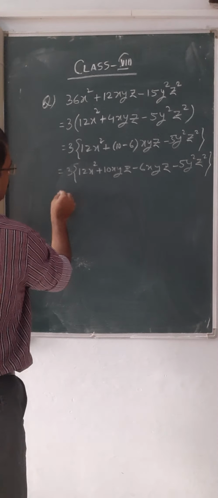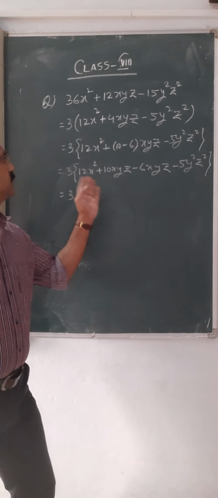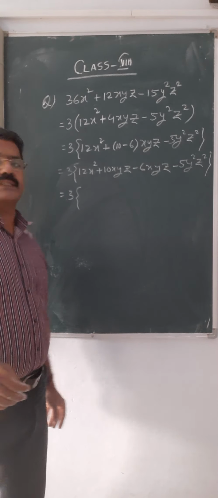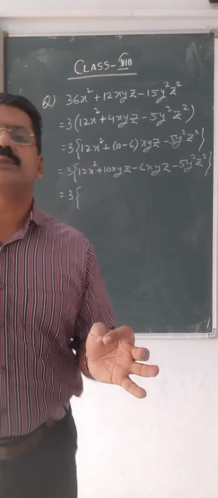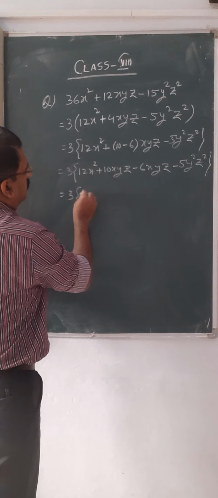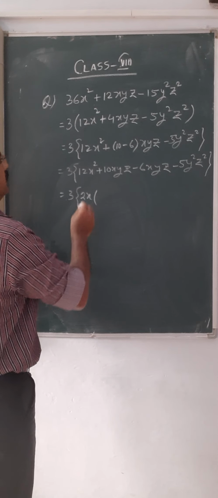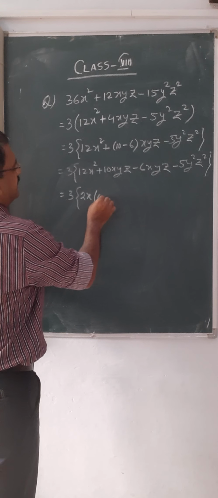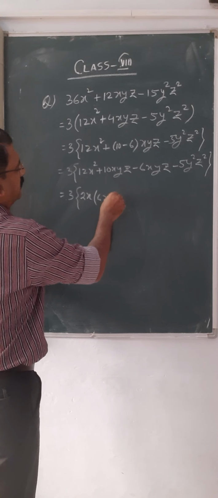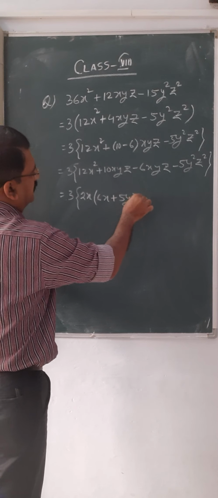Okay? Now see, from the first two terms, 2x can be taken as common. So you take 2x common. Okay, now it is 6x plus 5yz.